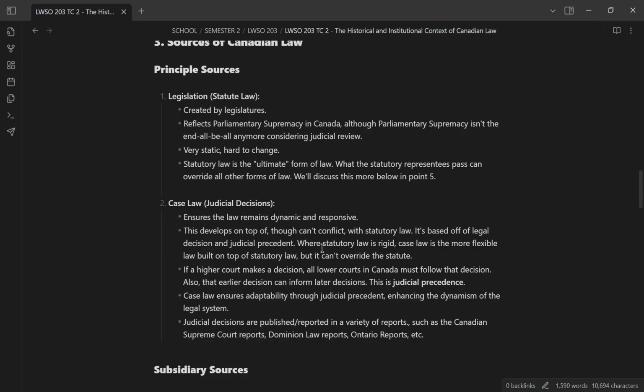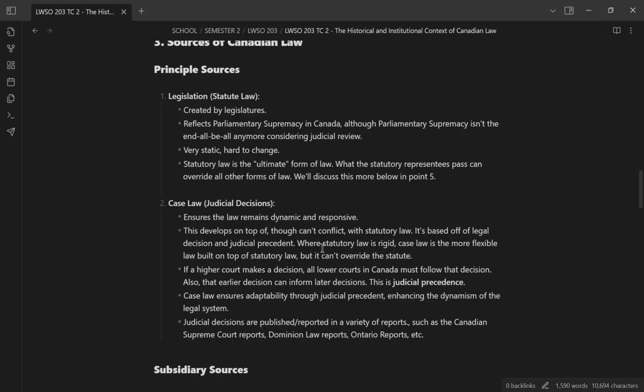It's based on legal decisions and judicial precedent, where the decisions of the higher courts influence the lower courts, kind of like a seniority big brother dynamic. So statutory law is very rigid. Case law is more dynamic, more flexible, and builds upon it, even though it can't override it. Just to reaffirm judicial precedents, if a higher court makes a decision, all lower courts must follow that.